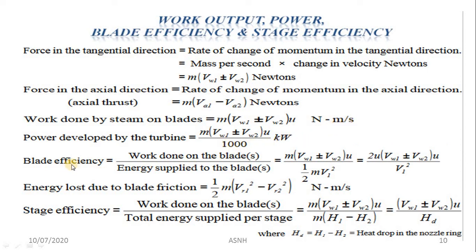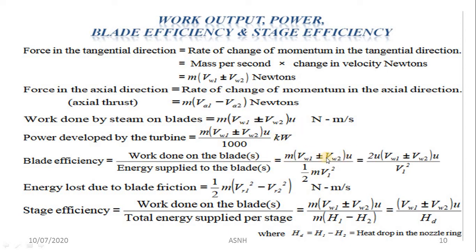So this is the formula for the blade efficiency, that is, work done on the blade upon energy supplied to the blade. Students, through kinetic energy we supply energy to the blade. The input energy of the steam turbine comes through the nozzle, and it is kinetic energy, whose formula is half m V square. Here I just mentioned V1 because this is the inlet term. Work done is already available with us.